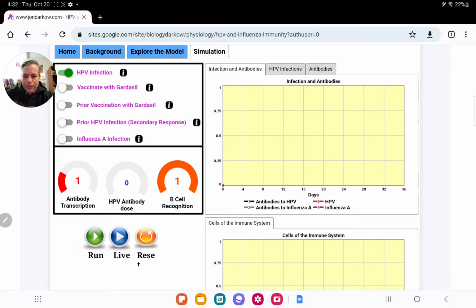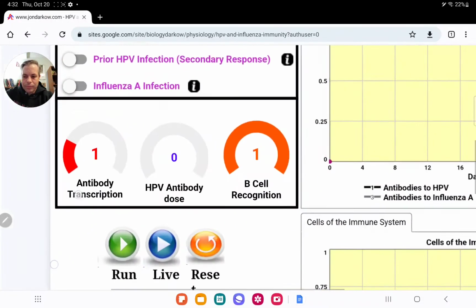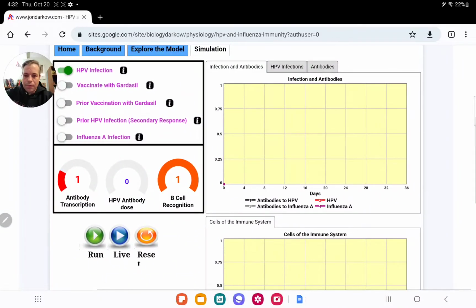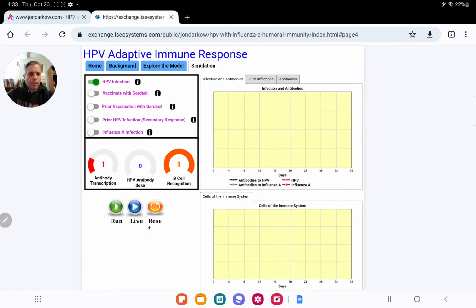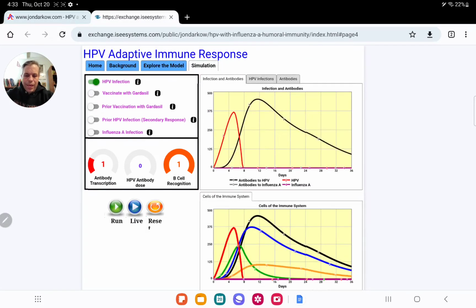Let's try that again. Okay, and there we go. HPV infection increases and then decreases. Likewise, the amount of antibodies starts off low, ramps up, and then decreases over time.